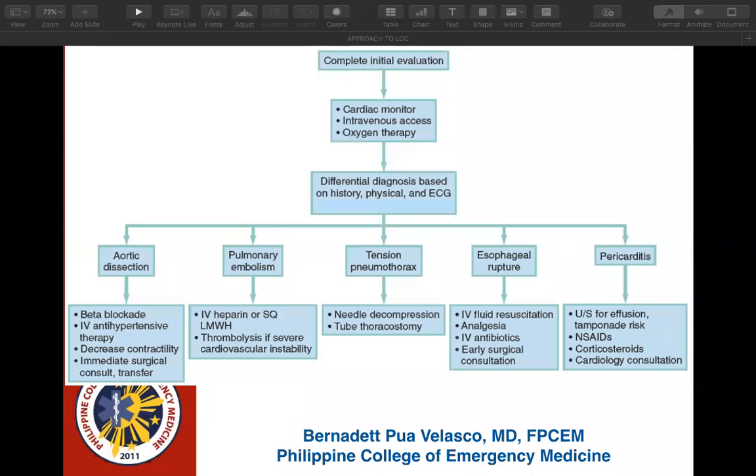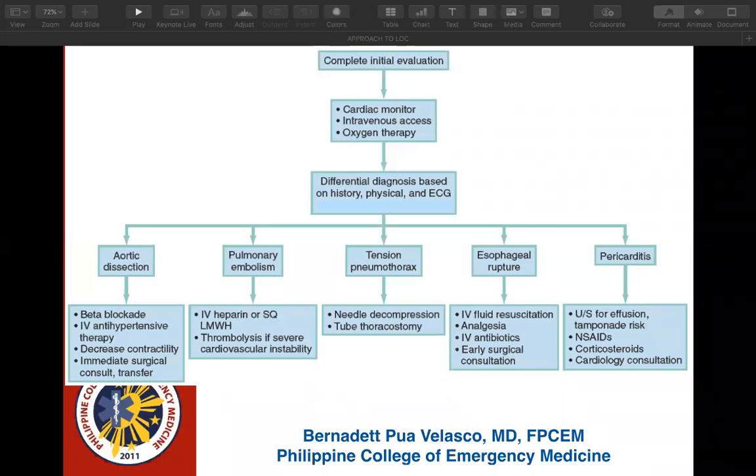Next is pulmonary embolism. If you're thinking of pulmonary embolism, you can start the patient with IV heparin or sub-Q low molecular weight heparin. And you can even start thrombolysis. Okay. Lastly, for aortic dissection, you can start the patient on a beta blocker, IV antihypertensive therapy to decrease contractility, and immediate surgical consultation.